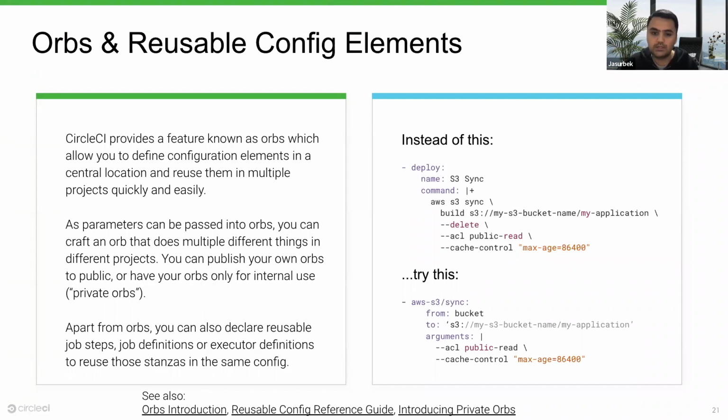Depending on your requirements, you may or may not need orbs. For example, if the reusable parts are within just one project, you may not need orbs, and you can just declare the reusable jobs or commands within your workflow.